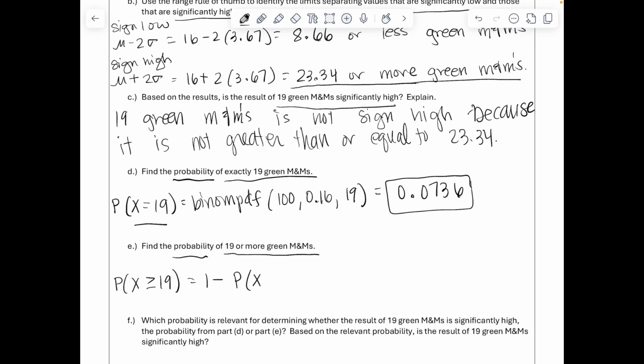And what we do not want is anything less than or equal to 18. So we have 1 minus binom CDF, and for this we have 100 for n, probability is still 0.16, and this time our x value is 18.